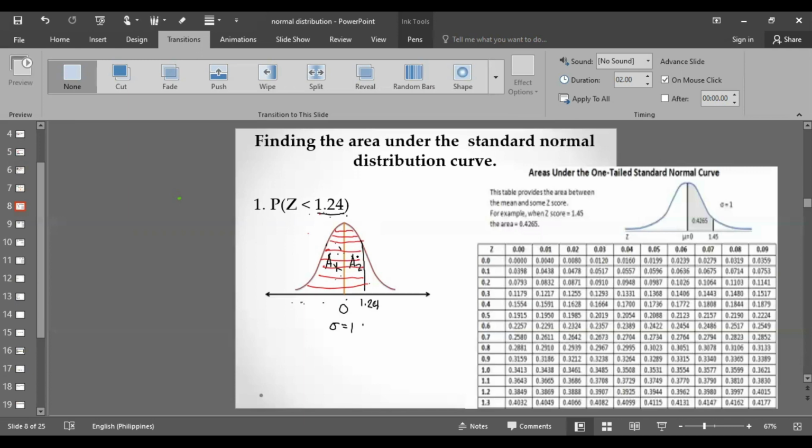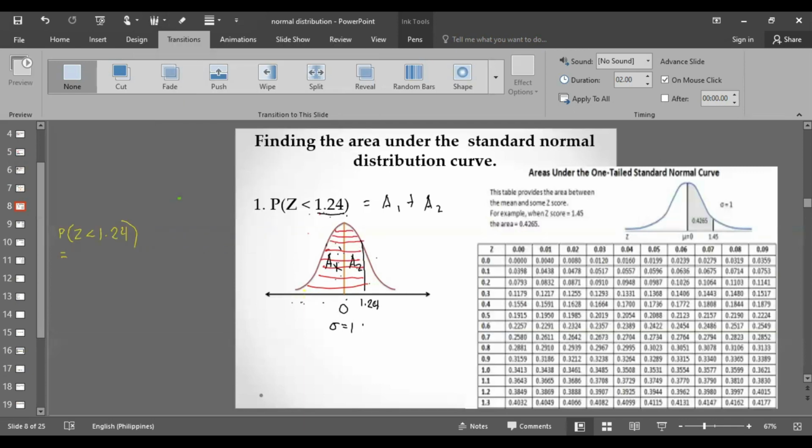And if this is the case, we must express it as the sum of the portions to the left and to the right of the mean. Meaning, to find the area of this shaded region, we have to add A sub 1 and A sub 2. Let us now proceed to the computations.